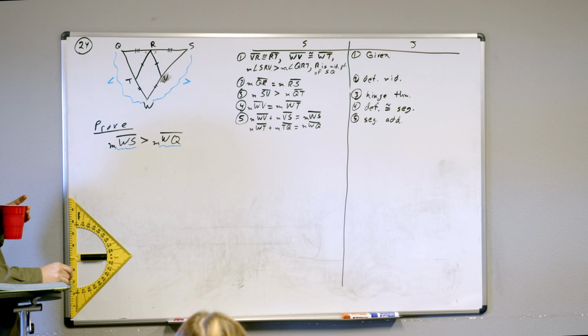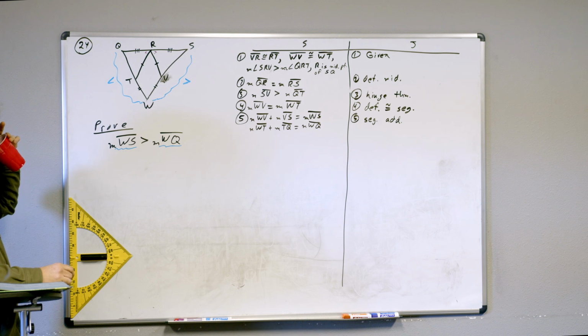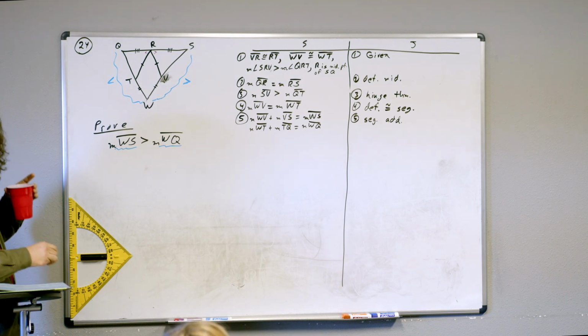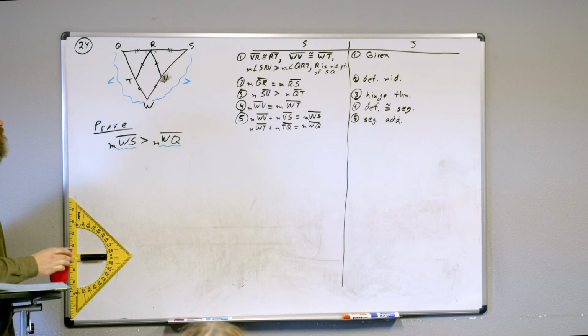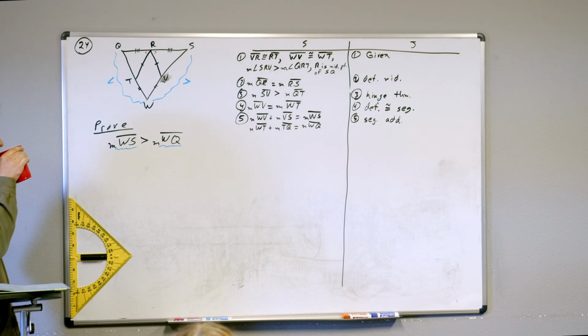Try to think about what property that would be. Because it would be like x is greater than y, so z plus x is greater than z plus y.